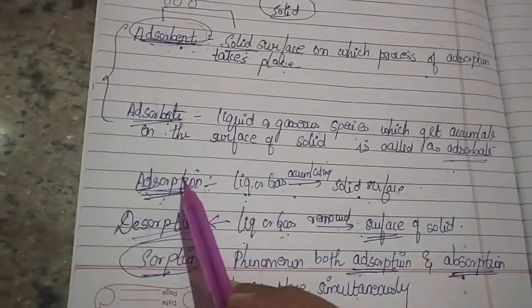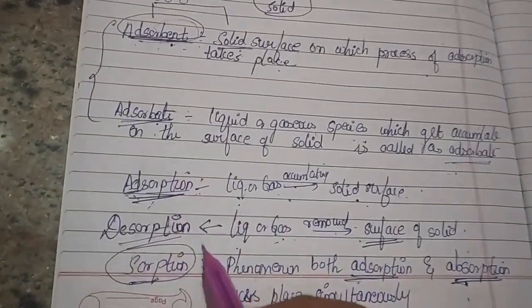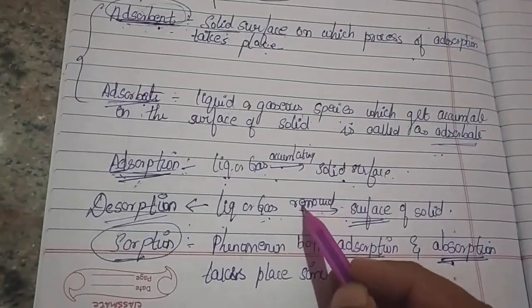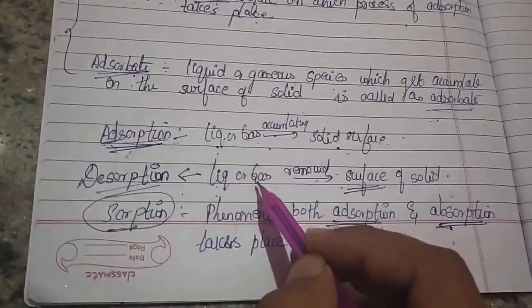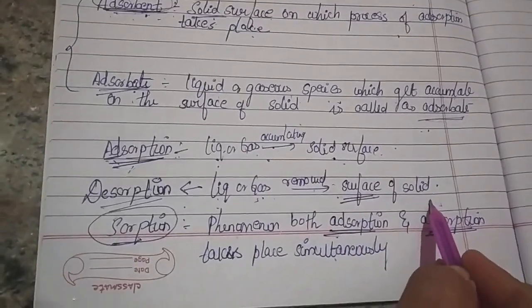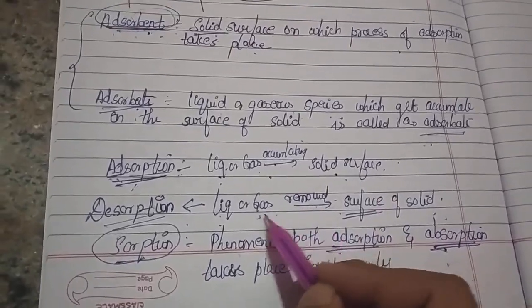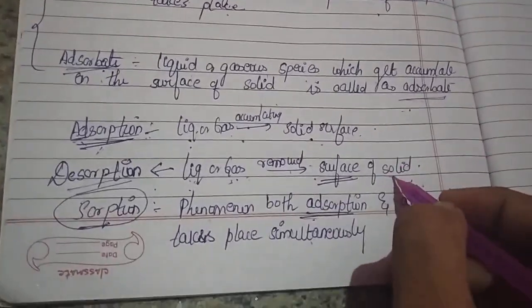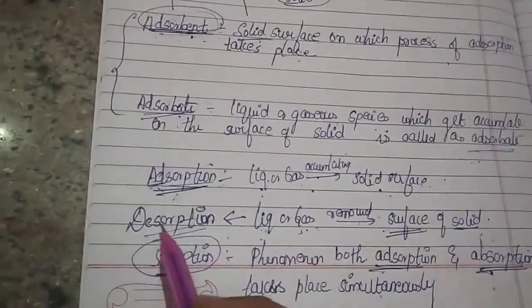Coming to desorption, it is the process of removal of liquid or gas from the surface of an adsorbent.